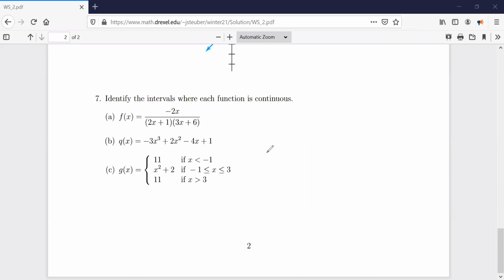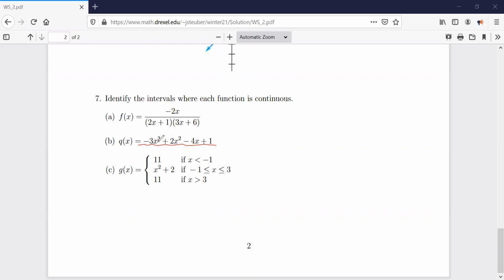What about Q here? So this guy right here can be thought of. Oh, so a useful little thing to remember is that any polynomial is going to be continuous.